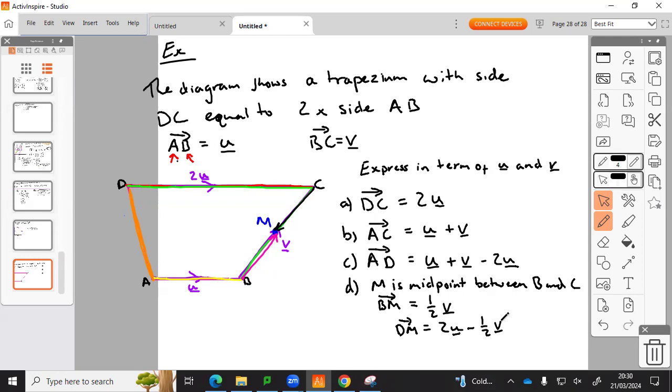All you're doing is following a path. See what's really bonkers about it? It looks like so much is going on there, but genuinely, all you're doing is walking a path. D to M, for instance: starting with D, walking along to C, and then back down to M. But the way you're writing that out is the complex part.